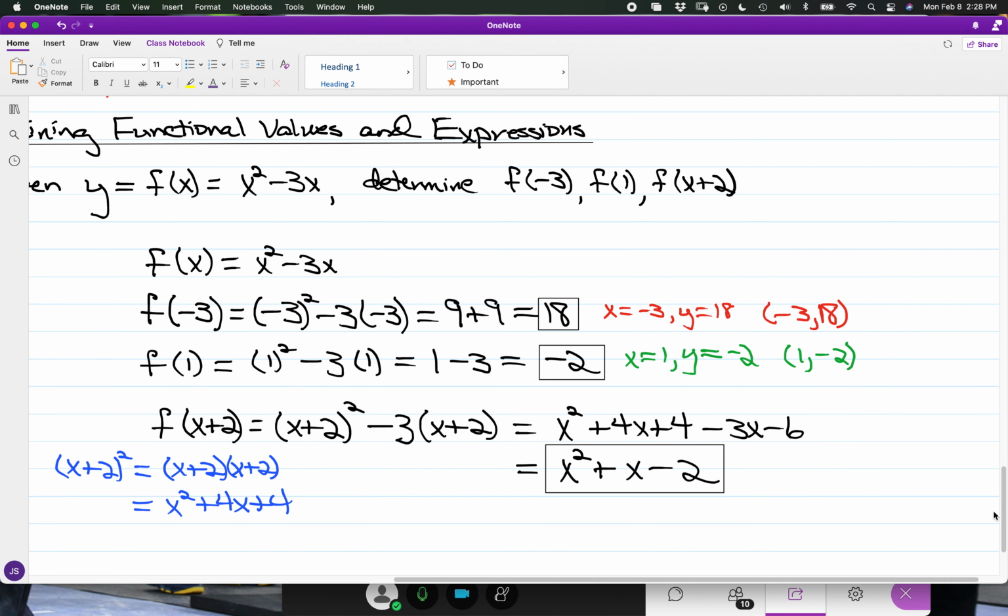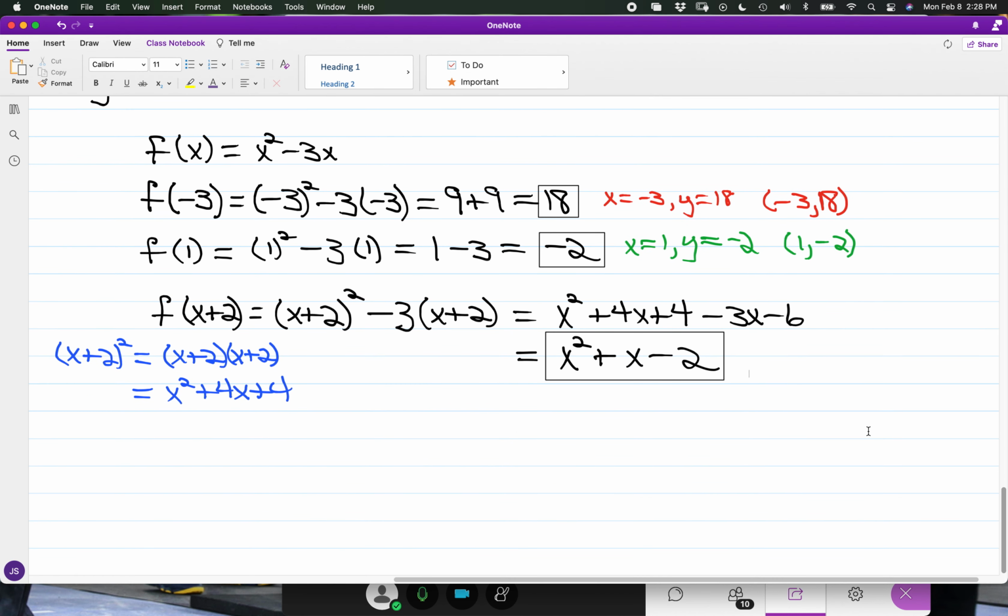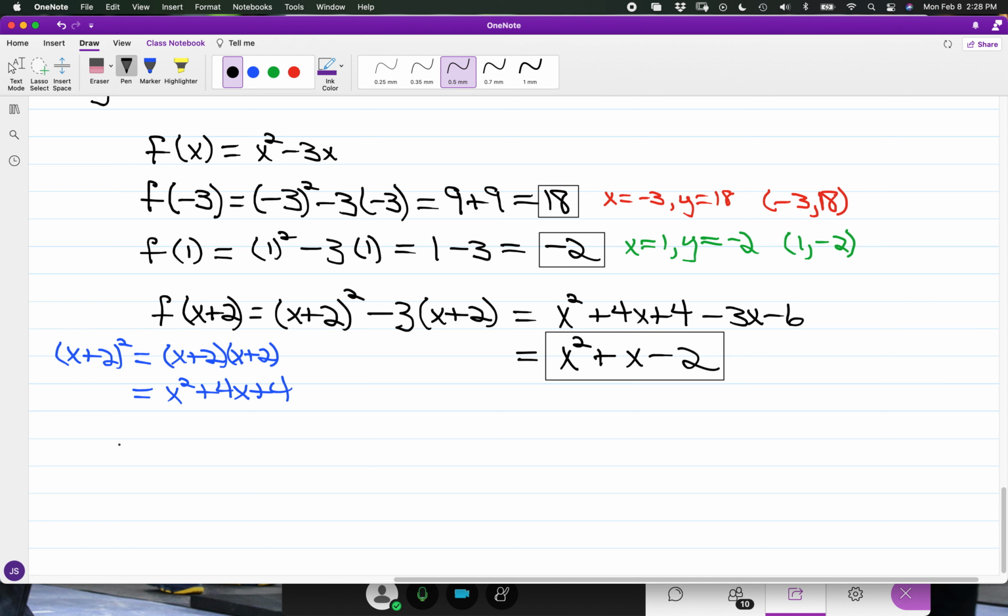All right, and tell you what, just for the next few moments, let's say we have a given function, f of x is equal to 2x squared minus 3x plus 7.